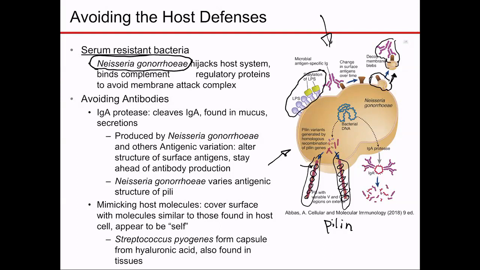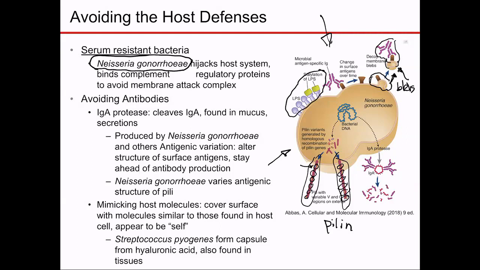And now the antibody will be taken away from the surface of that bacteria. This particular process is the bacteria releasing surface antigens in membrane blebs. And then the antibody that bound to that antigen on the surface of the bacteria is being taken away from the surface by releasing those blebs.